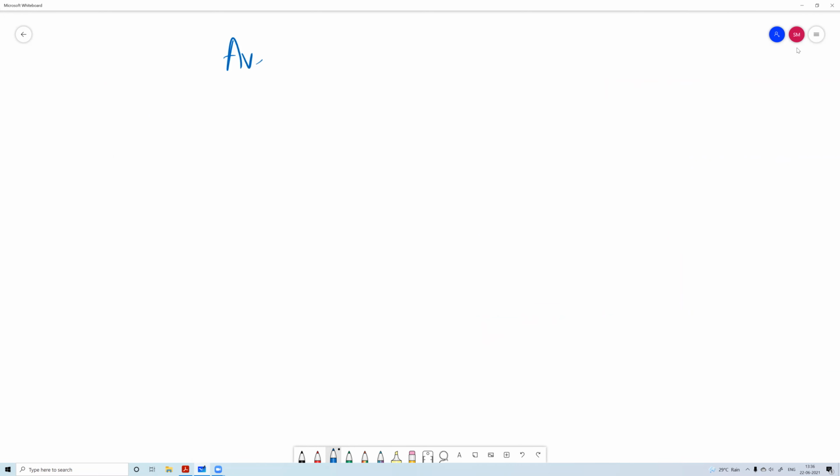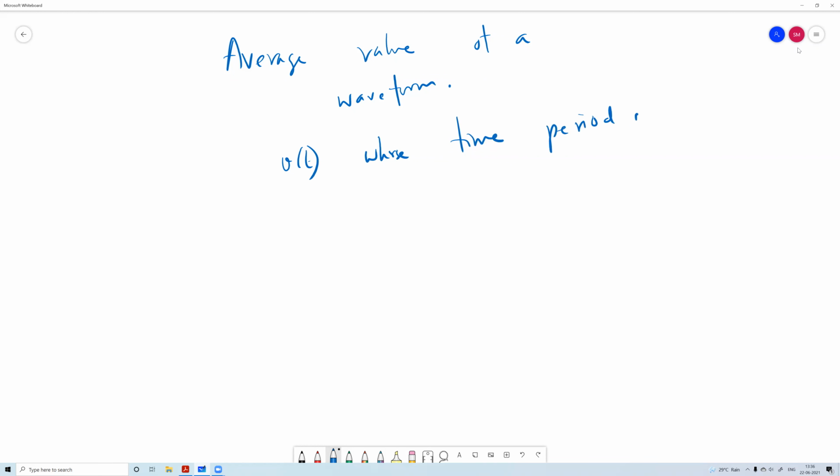Average value of a waveform. If I have a waveform, say v(t), whose time period is T, then V average, often given by a bar over V, is simply this.